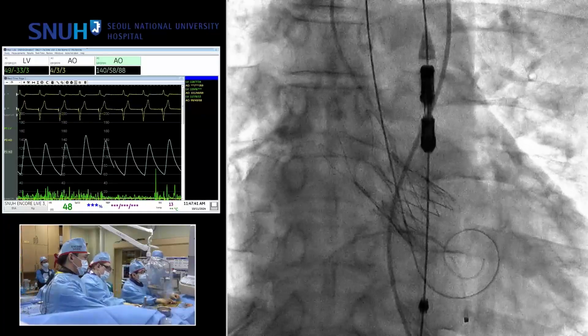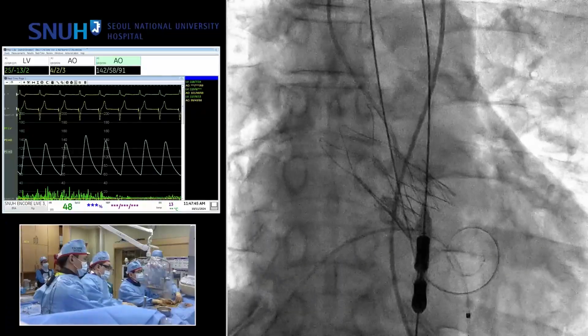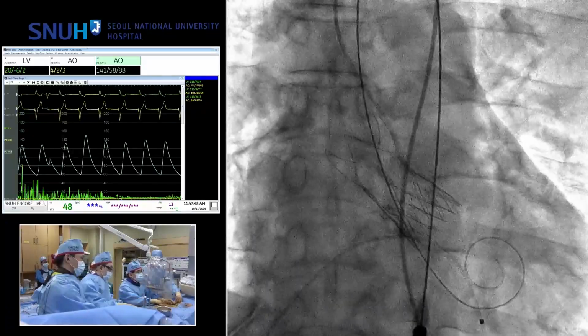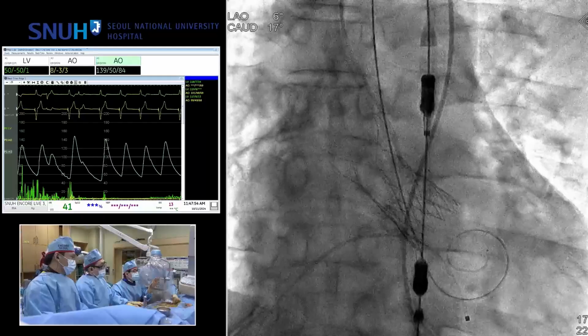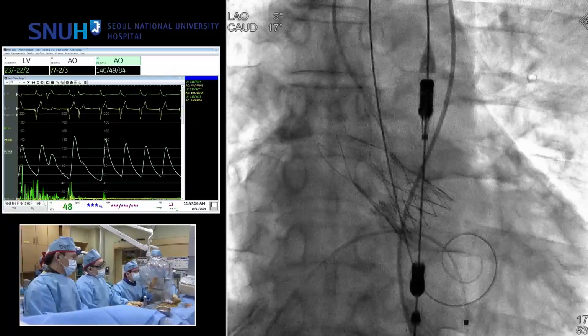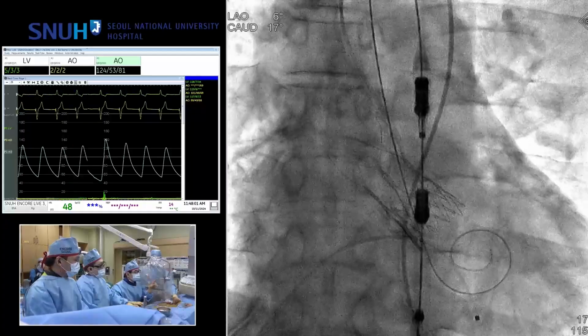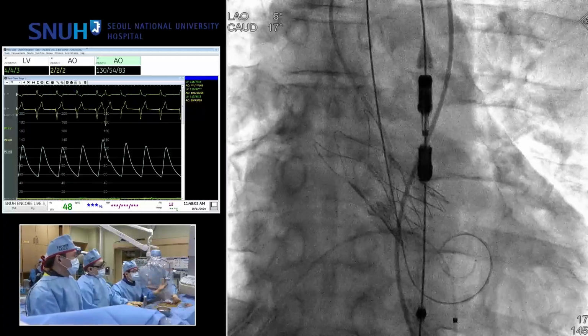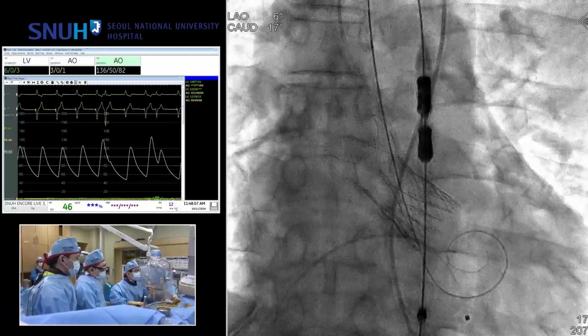Okay, maintain wire. Yeah, you can see the 3 posts are equally distributed. That means good commissural alignment. The center post is behind, just opposite to the right sinus.